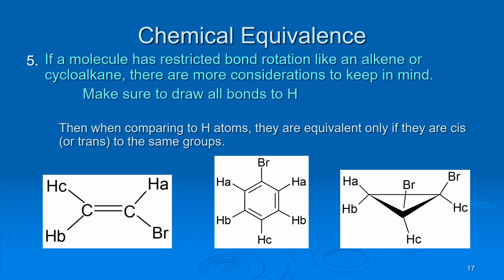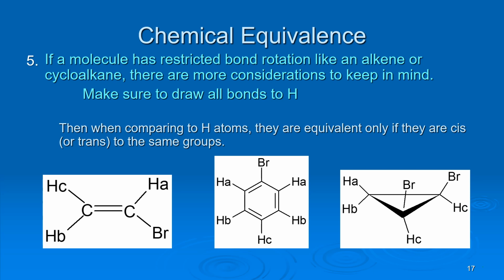All right, and here's one more possibility. You probably don't need to worry about 3 and 4 so much, but this one you should, especially if a molecule is restricted. So here you see a double bond or a ring. This is what I was talking about a little bit earlier. If there is restricted bond rotation, then often you'll see two hydrogens on the same carbon acting differently.